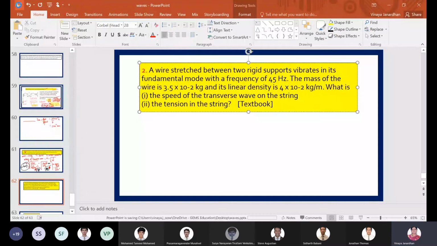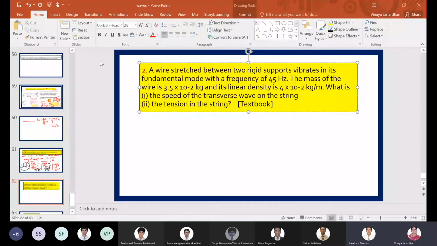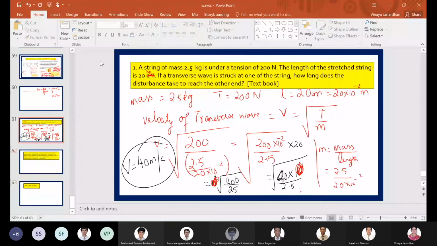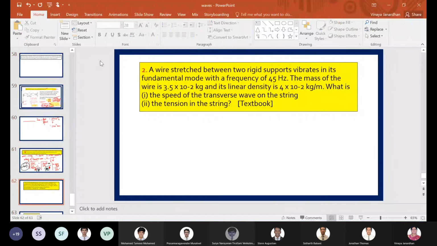How will you do this numerical? Ma'am, is linear density the mass per unit length? Yeah, mass per unit length is linear density. Just check how you will solve this numerical.